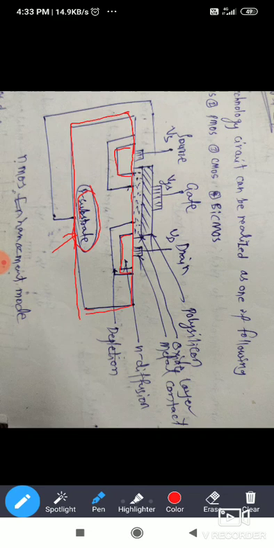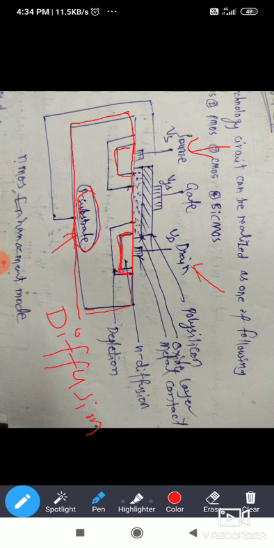Source diffusion and drain diffusion, using the diffusion process. Diffusion means at high temperature, the source material and drain material are deposited on this area. At high temperature, this material is diffused into the P-type substrate.